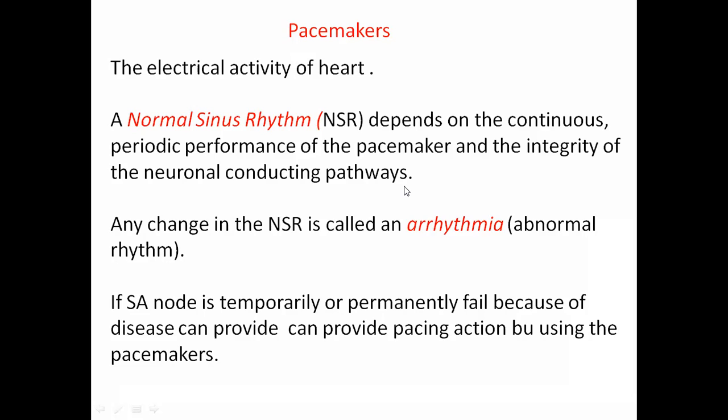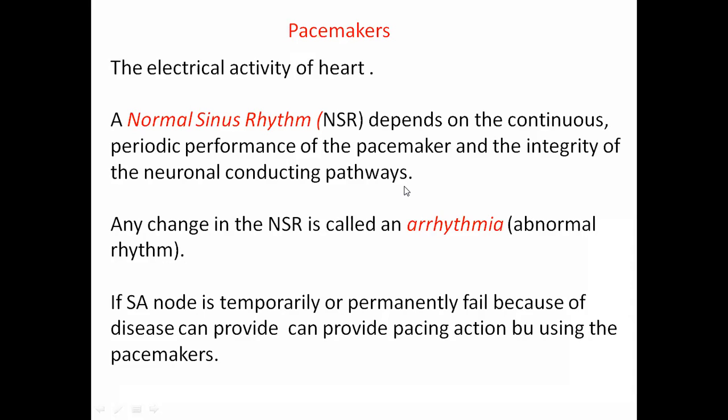So it will produce the pulses, and those pulses will be applied to both atria and ventricles. Again, the signals come from the nervous system of the brain, and due to that it again produces pulses, which are applied to the atria and ventricles.